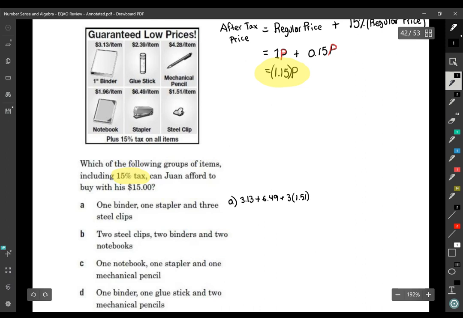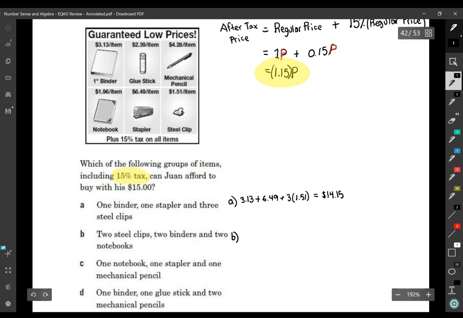That's going to give me a before-tax price of $14.15.